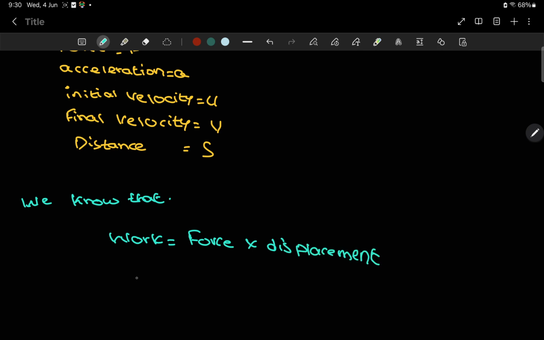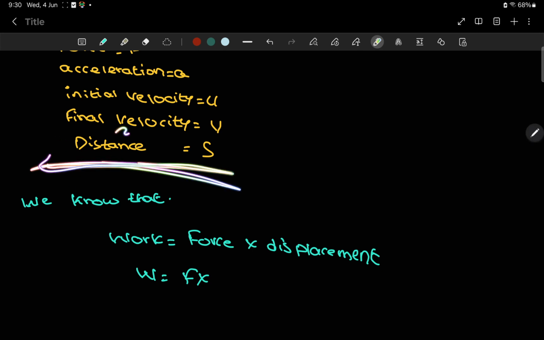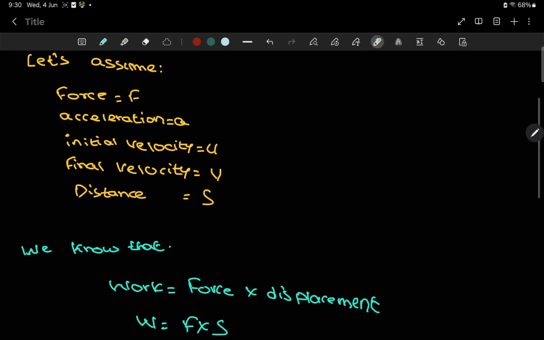So this can be written as W is equal to F into distance, or displacement, it is the same, right? Displacement has direction and distance has no direction. That's the difference, but both are the same here. So we have assumed the distance or displacement as S. So F into S, and force we have assumed as F.